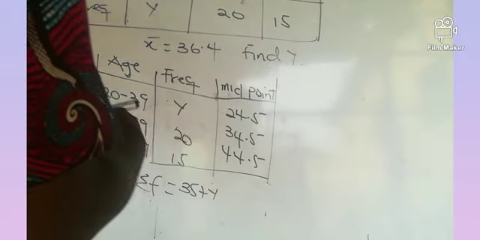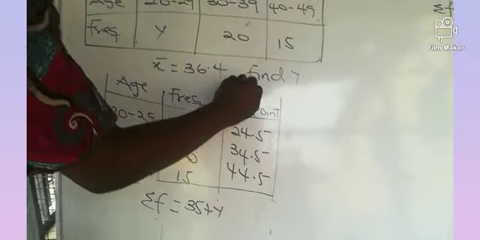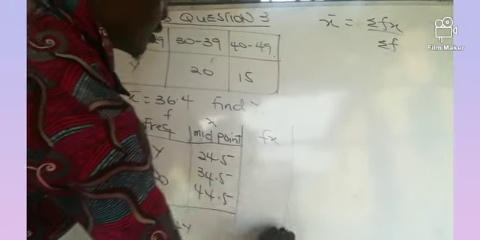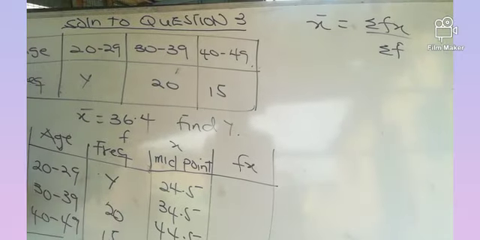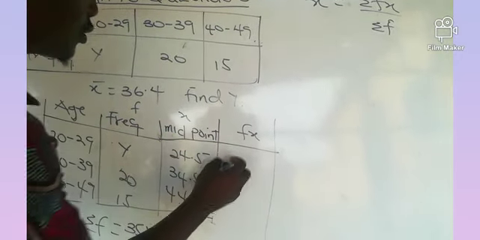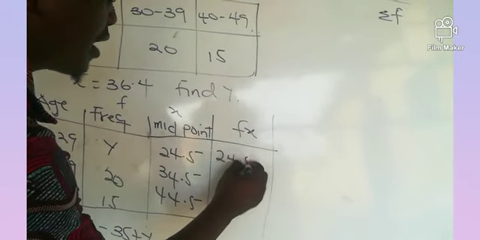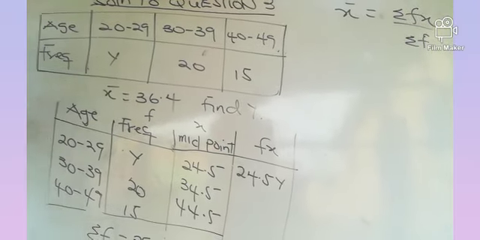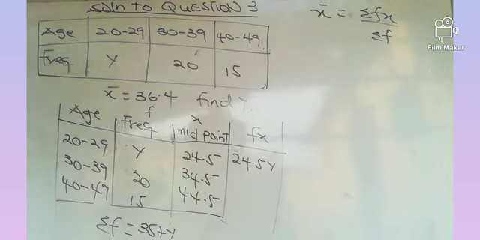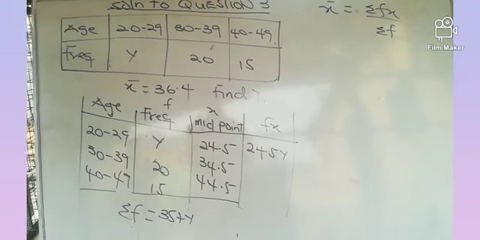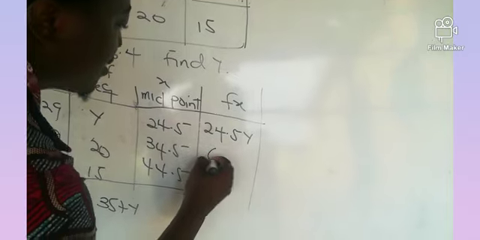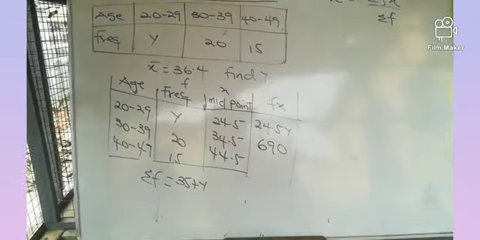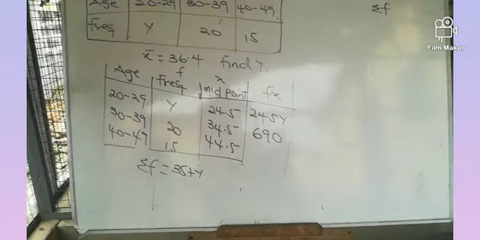But what will be the summation of fx? This is now our x, and this is our f. So our fx is going to be y times this. You get 24.5y. 20 times this. So when you have 20 times 34.5, you get 690. And the last one is 15 times 44.5.